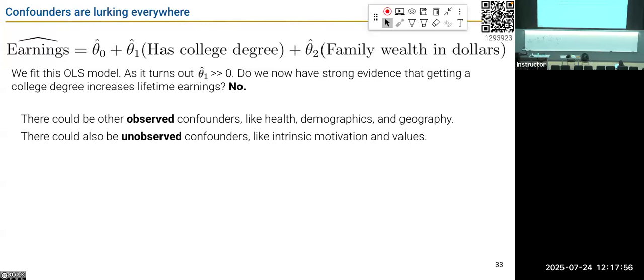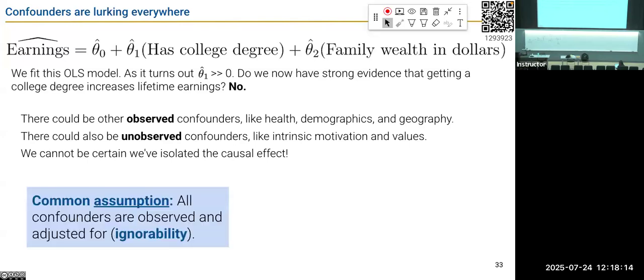So in this kind of line of inference, we just cannot assume that we have accounted for everything. However, a big assumption that we make in these studies is that we are able to observe all of the confounders, and we have accounted for all of the confounders.